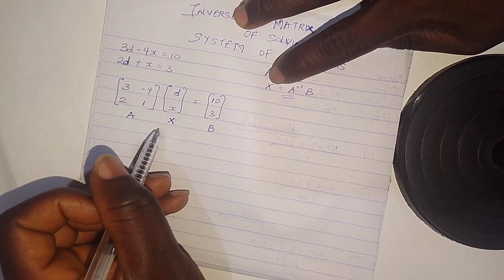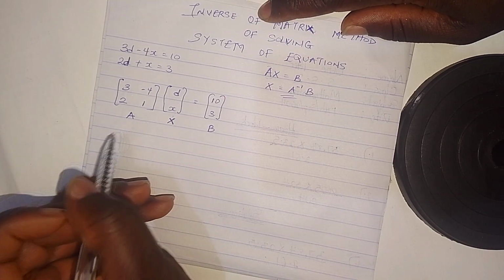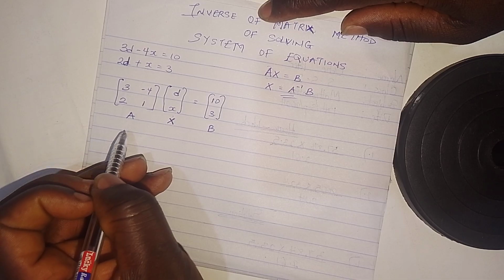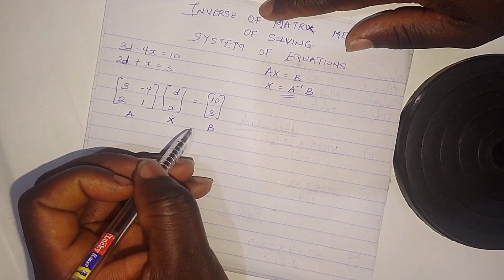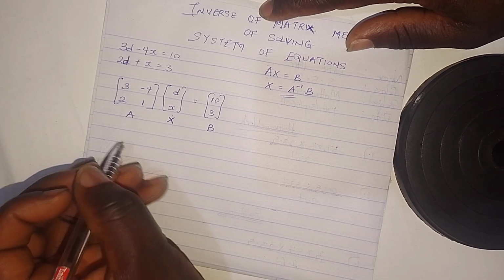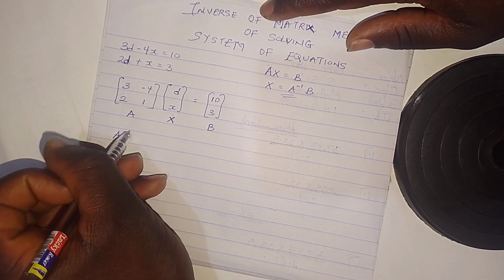Alright, dx is representing the x here. So in order to have this x alone, it means that we need to multiply this side and this side of the equation by the inverse of the matrix. So let's first of all get the inverse of the matrix, which is A inverse.